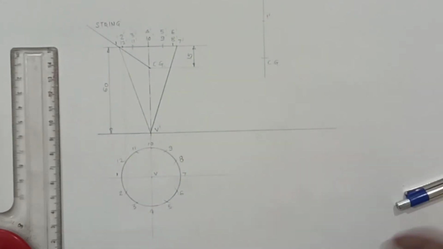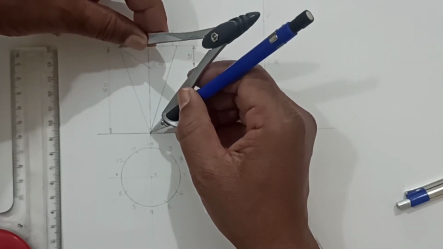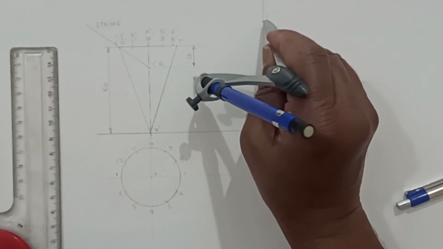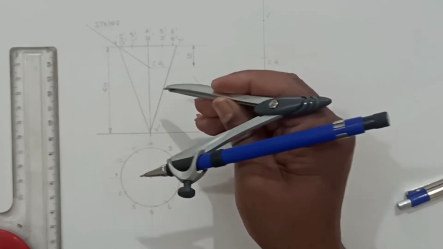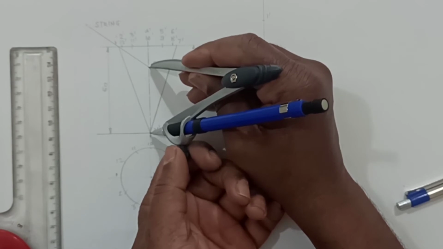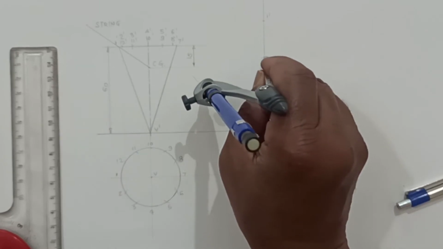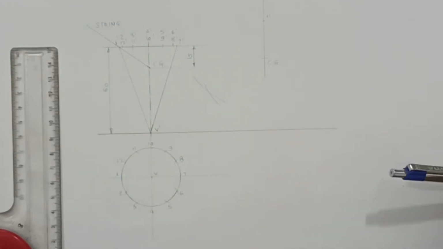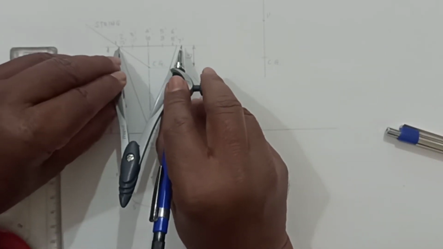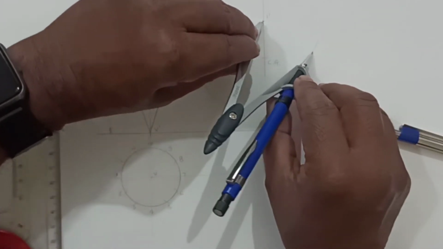To locate the vertex V, measure the distance from 1 dash and cut the arc to this side. Now take this distance in the compass, take the center and cut it here. Then to locate the 7 dash, take this distance in the compass and draw the arc to this side.